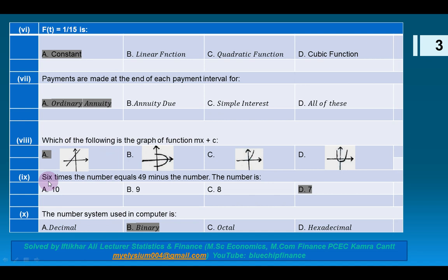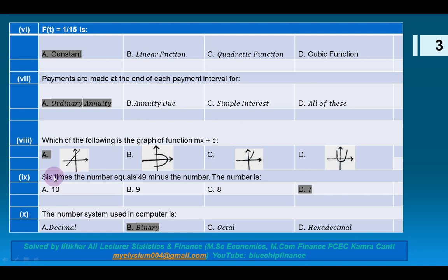Objective number 9 is: 6 times the number equals 49 minus the number. One very important thing you should understand is how to make the equation from this statement, then you can easily calculate it. 6 times the number: the missing number should be represented by x.